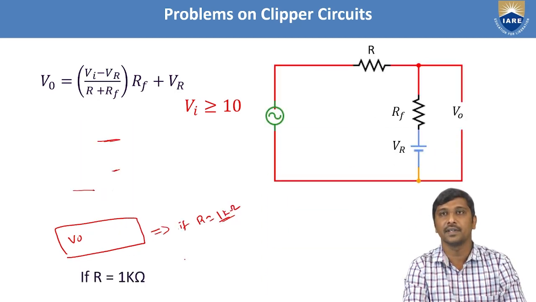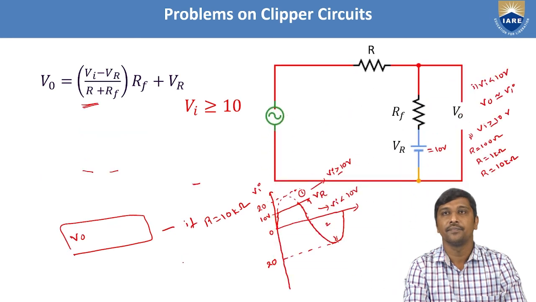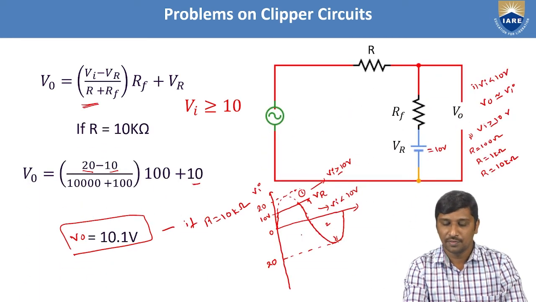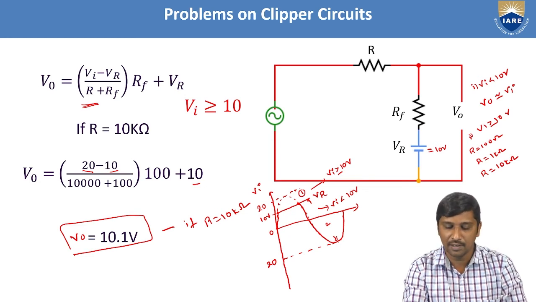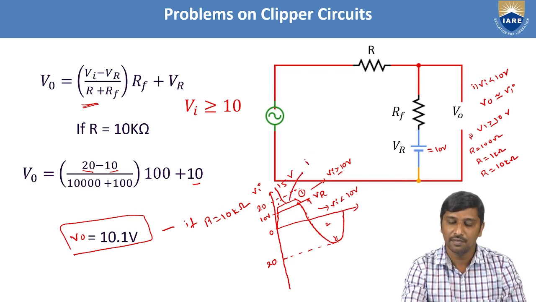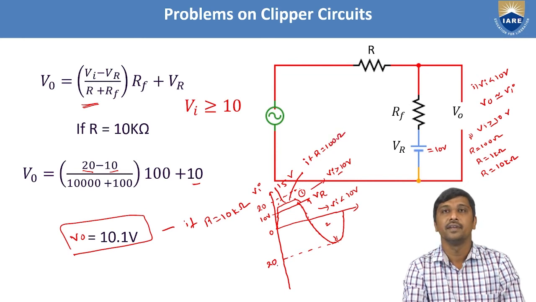Now we need to locate that. If Vi is greater than 10 volts and R is 100 ohms, the output is 15 volts. Let us take this as constant. I consider this point 15 volts, and this is the condition for R equal to 100 ohms.